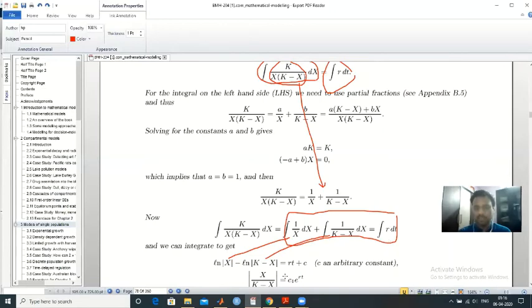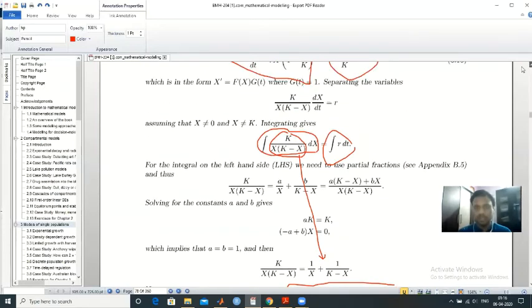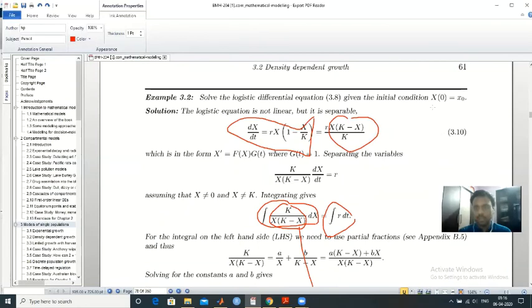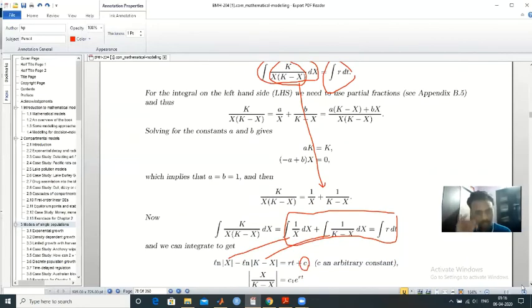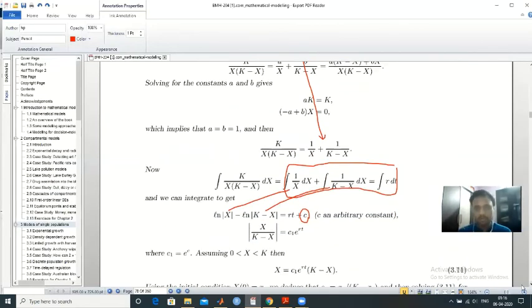The right hand side will become rt plus c, and to find the value of c, the initial condition is given. What is the initial condition? The initial condition is that x at time t equal to 0 is x naught.